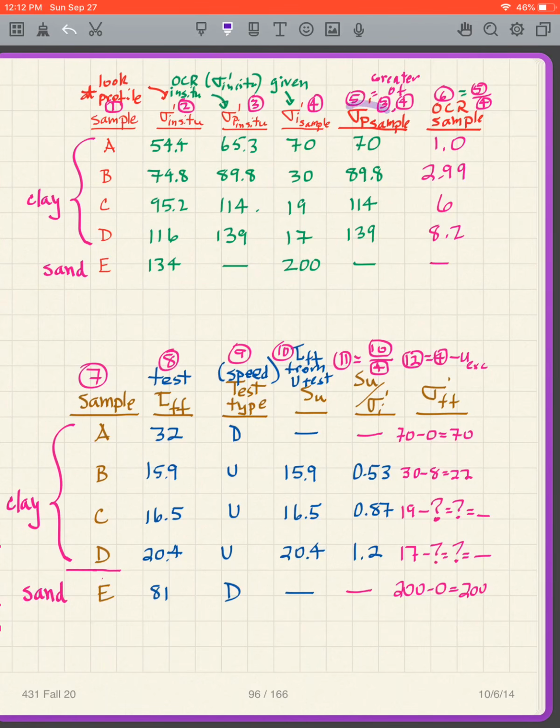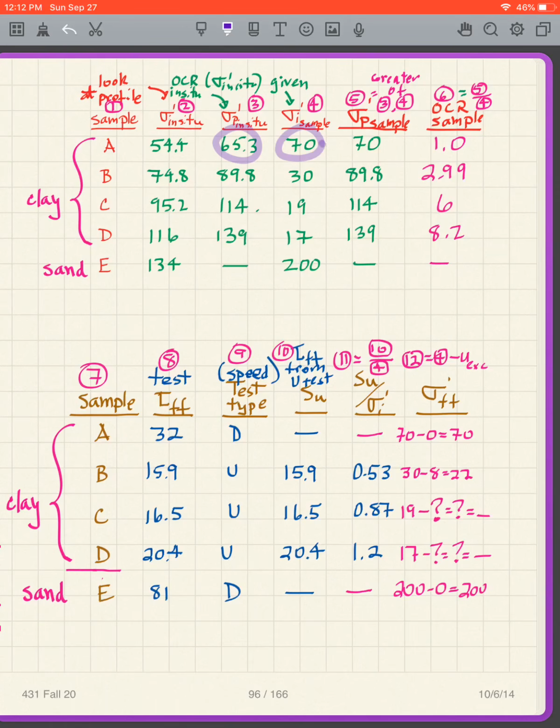So this is what the sample felt. Well, what is the sigma prime P of the sample? That means, what is the greatest effective stress that the sample has ever felt? Well, if I look here, in the ground, that particular sample or point felt 65.3, but in the lab we put on 70.